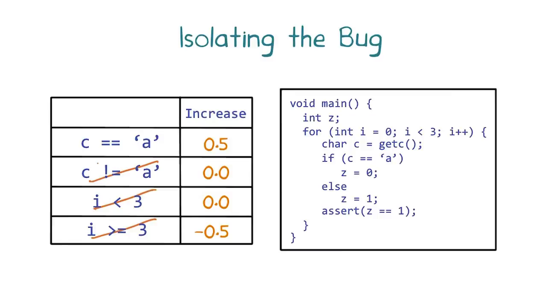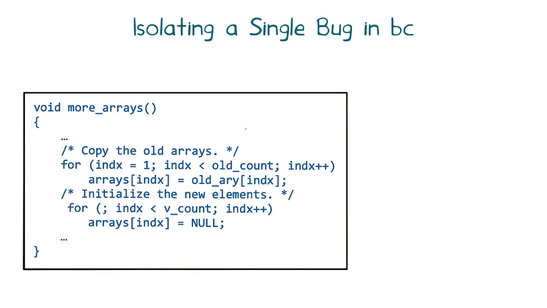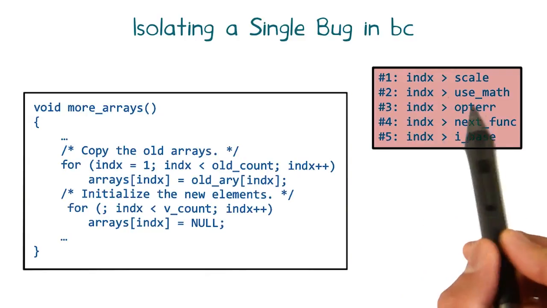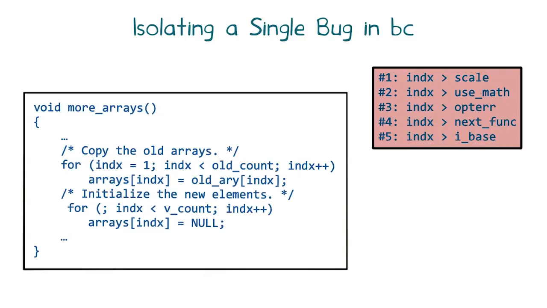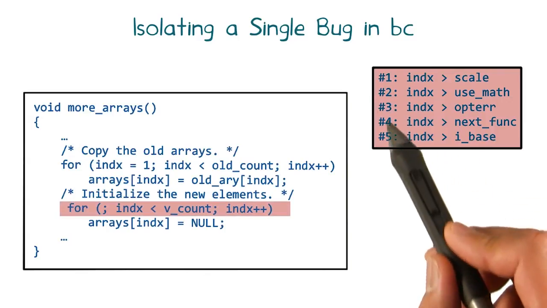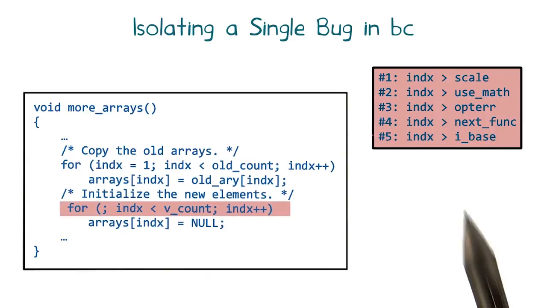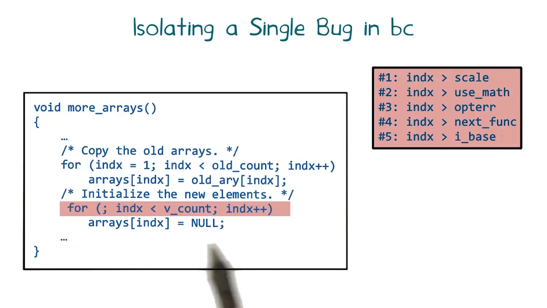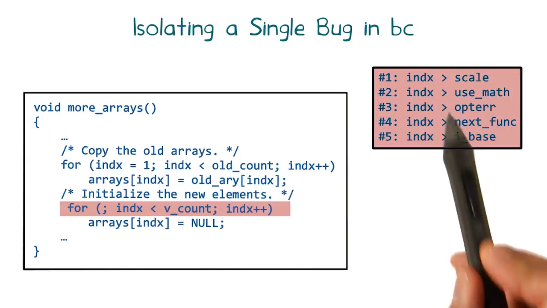The following code snippet is from BC, the bench calculator program in Unix that we talked about earlier. Assume that we are tracking scalar relationships between integer-valued variables, such as index and scale, besides other kinds of predicates. The top-ranked predicates, all comparisons between the index variable and some other program variable at the highlighted line of code, suggest that this program's failure is strongly correlated with the index variable growing very large.